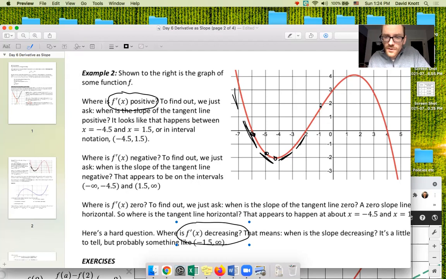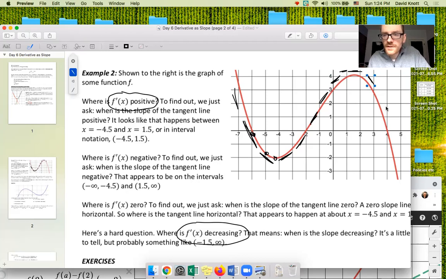But then somewhere in the middle here, the slope begins to decrease. It's hard to tell exactly where it happens, but obviously by the time you get to here, the slope is clearly decreasing, because it's positive and then less positive, and then it's 0, and then it's negative.